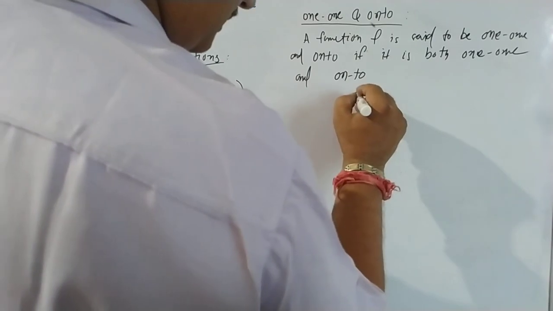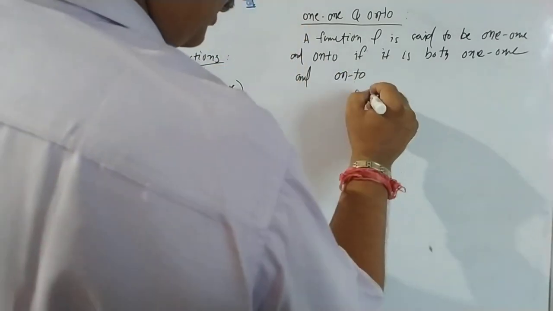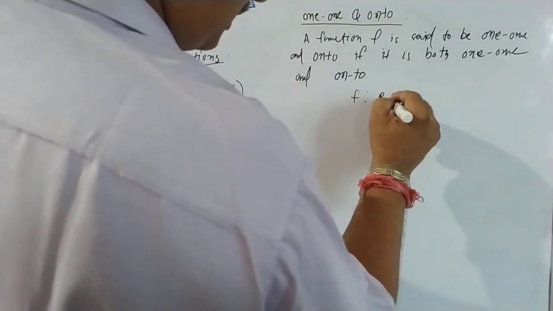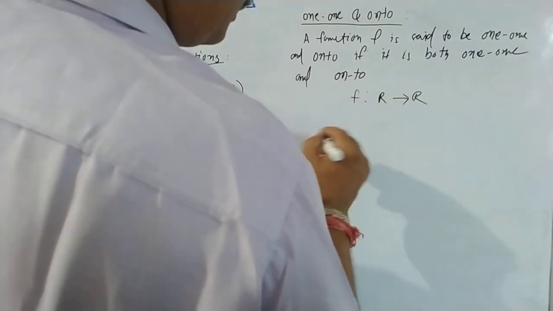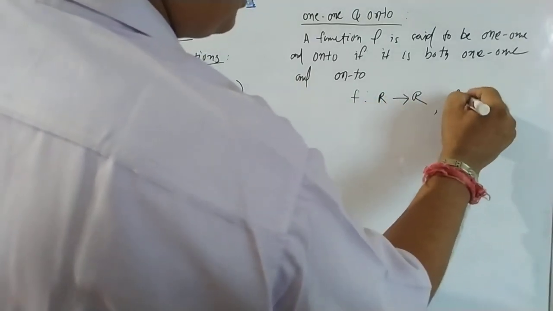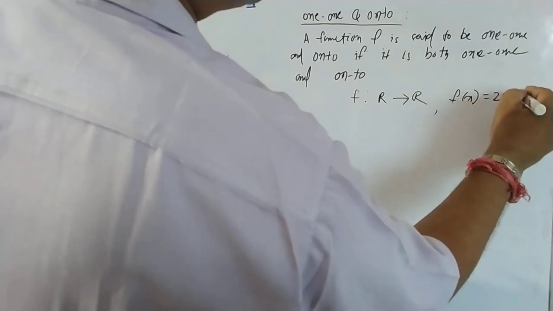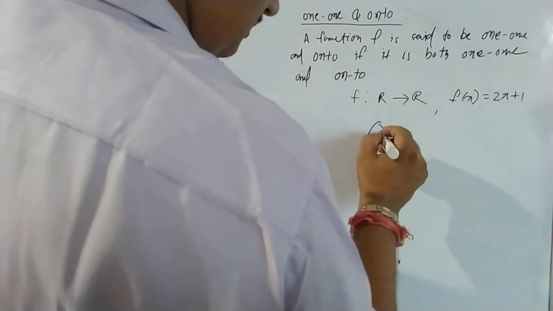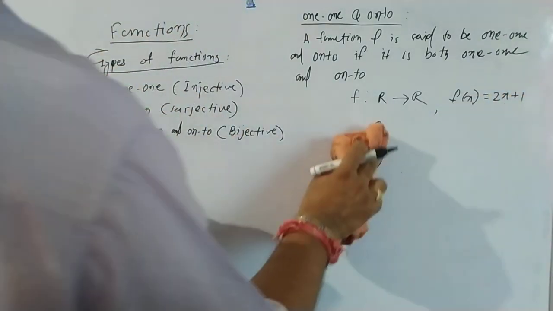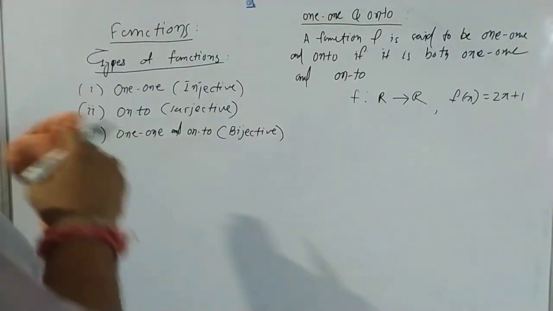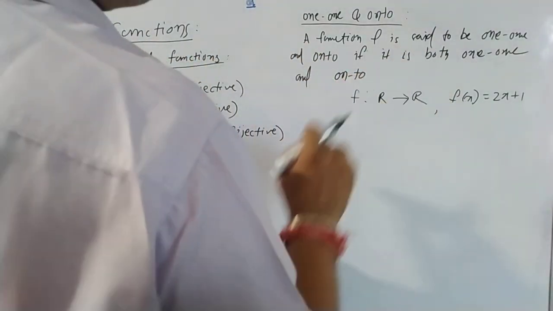Let f be a function from R to R defined by f of x is equal to 2x plus 1. Without mapping, let us find out one-one and onto.